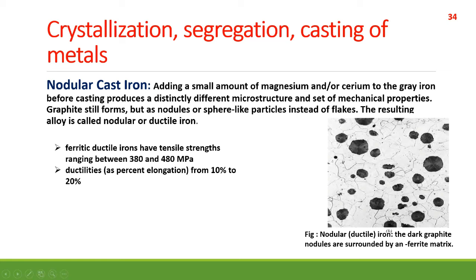So here you see that the ductile cast iron has some nice mechanical properties: it has tensile strength ranging from 380 to 340 megapascal, and ductility varies from 10% to 20%.